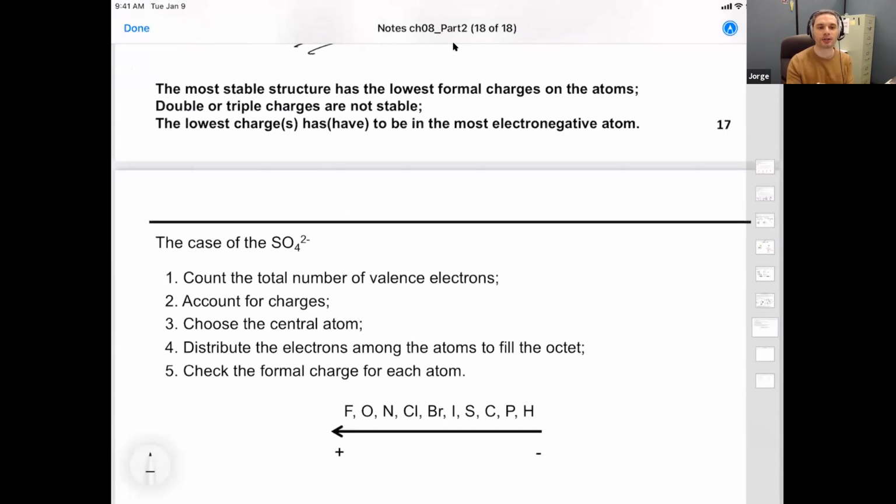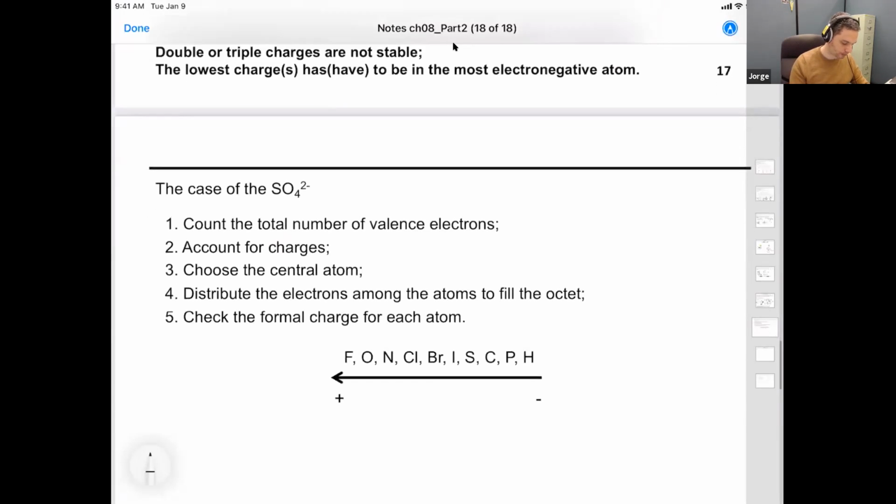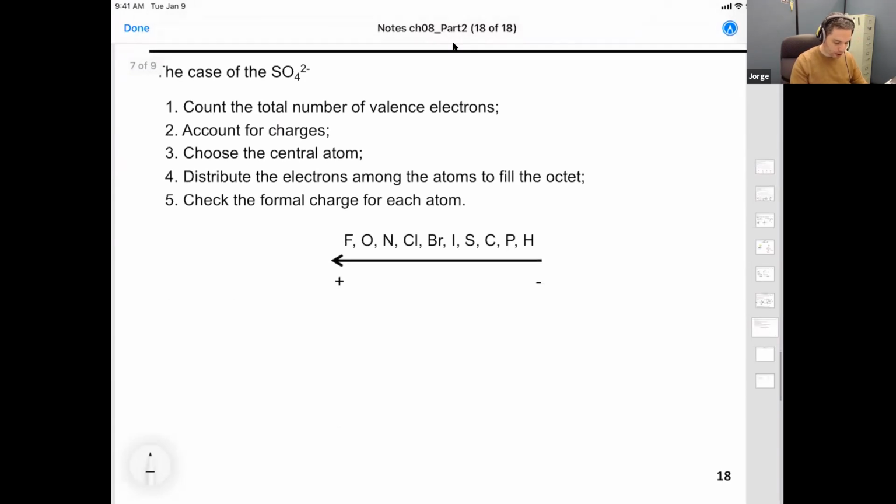We have to avoid double or triple charges because they are not stable. And if there is a negative charge, that charge has to be located in the most electronegative atom. So here let's draw all the possibilities for the structure of sulfate.